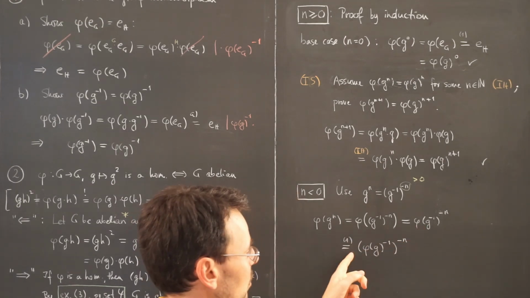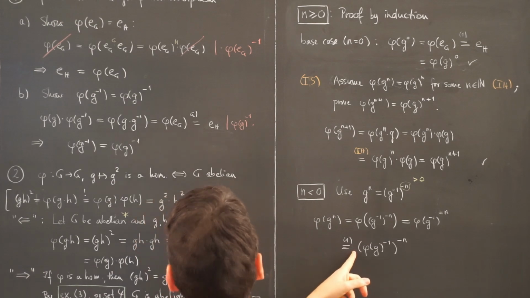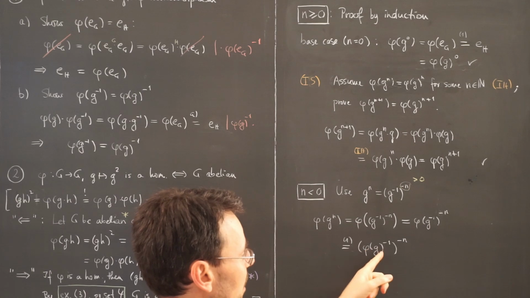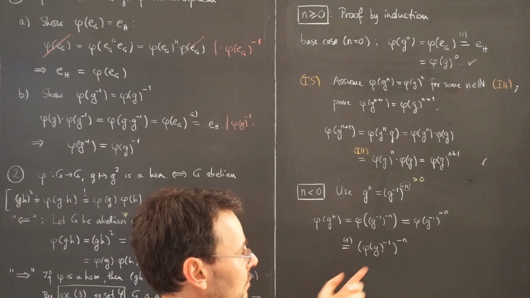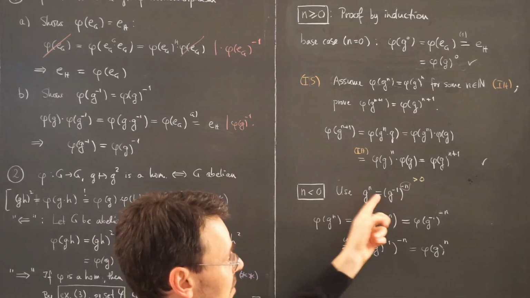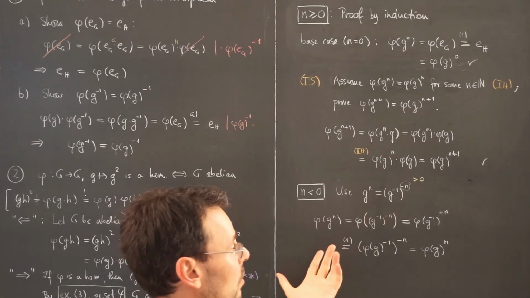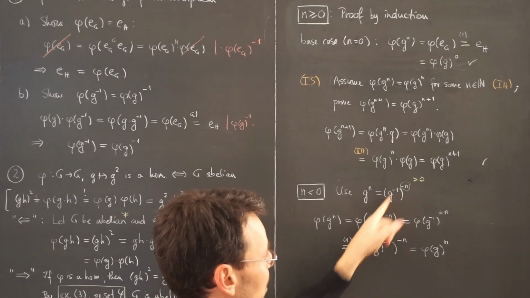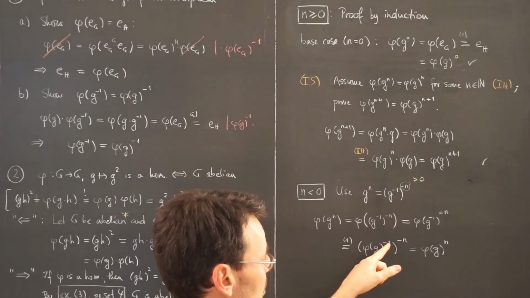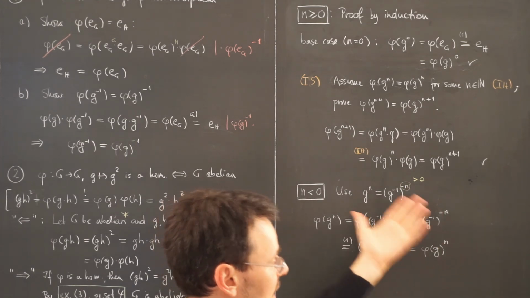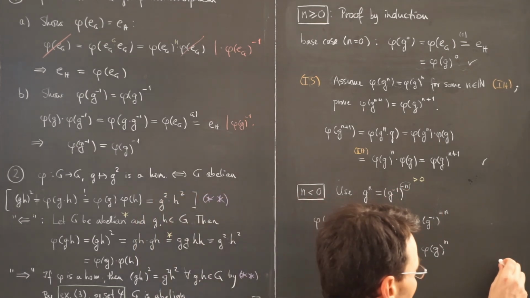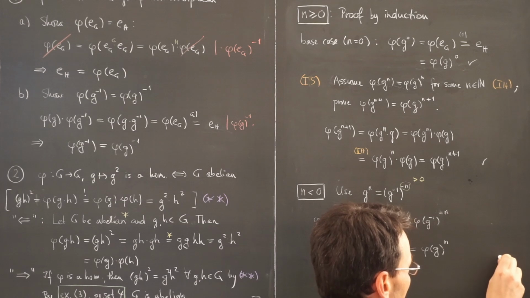And then we know by exercise 1 that phi of g inverse is the same as phi of g, and then taking the inverse in H. And then by the same trick here, which is simply the power law that we proved way back, this is the same as phi of g to the minus 1 times minus n, and this is simply n. So this settles the case of negative integers, and then we are done.